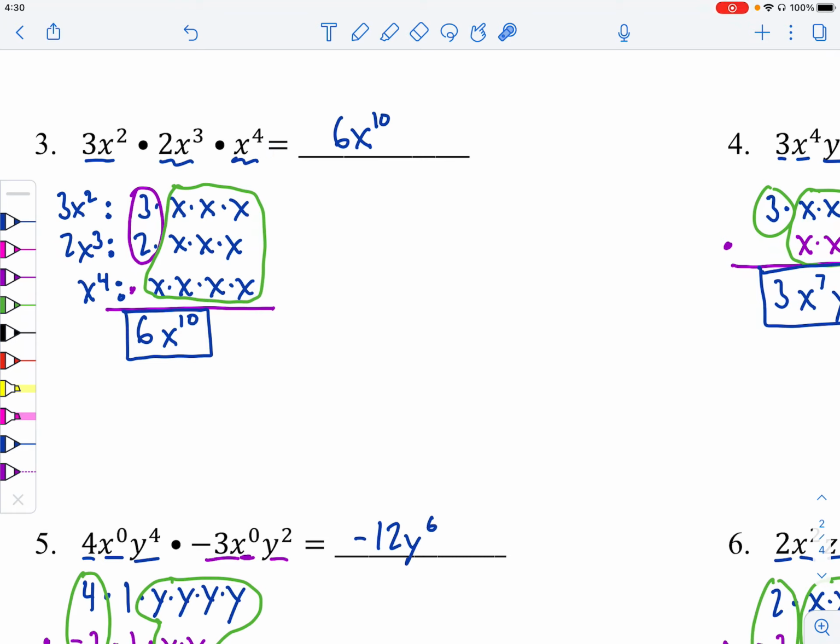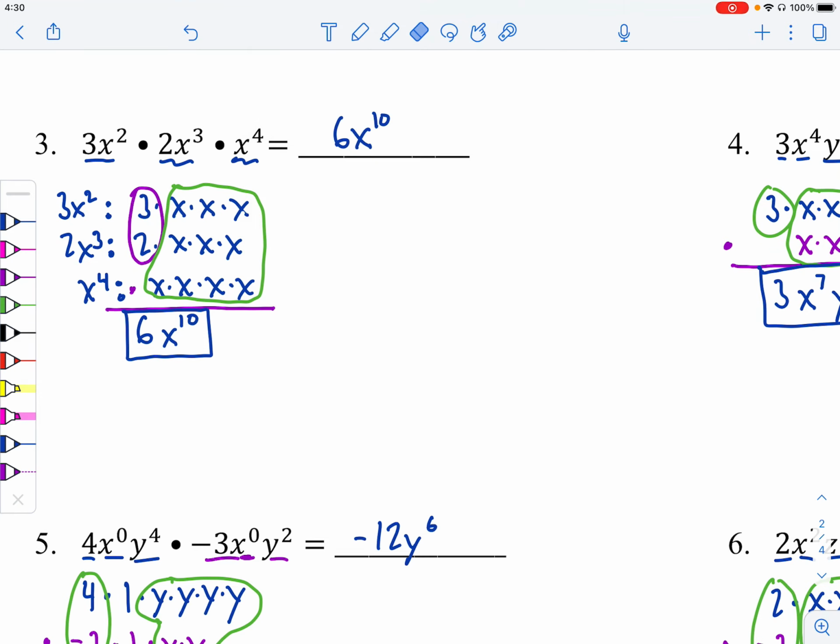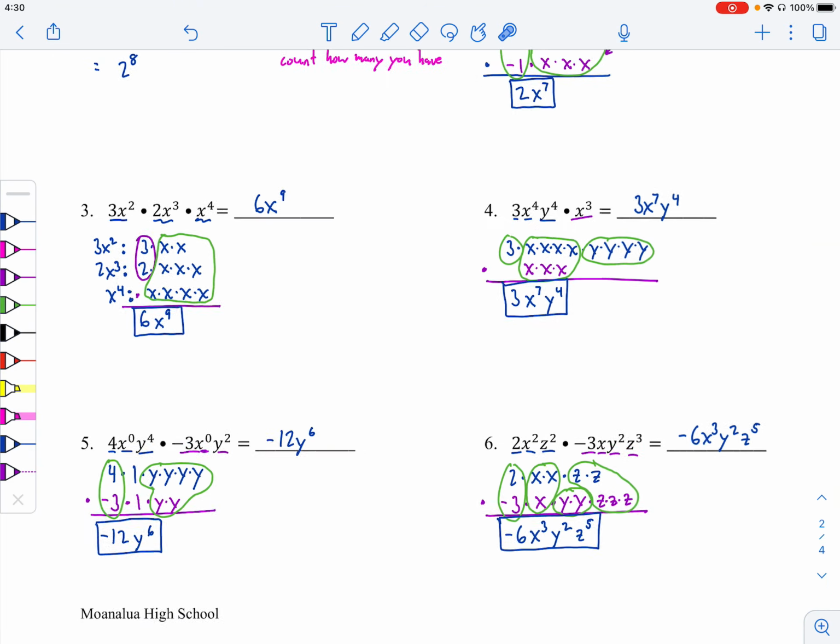I did something wrong. Good thing I caught that. Because there's only 2 x's, I put one too many. So this should be 9 right there, because 2 plus 3 is 5, plus 4, 9. Should be 9.